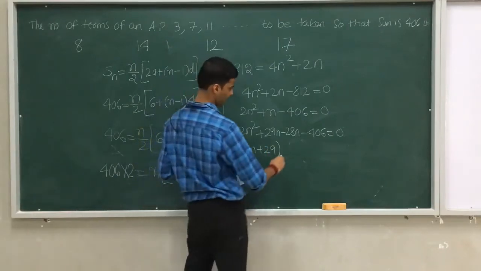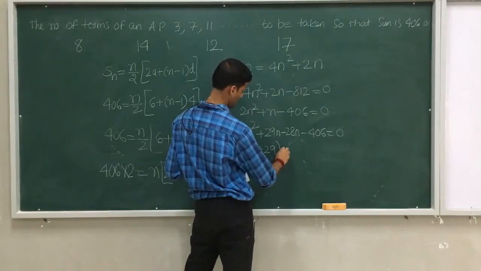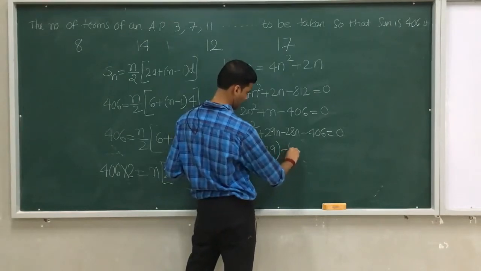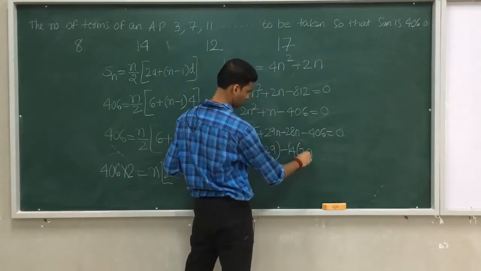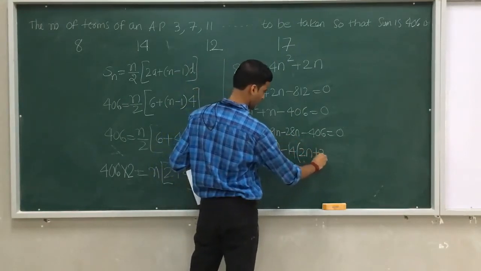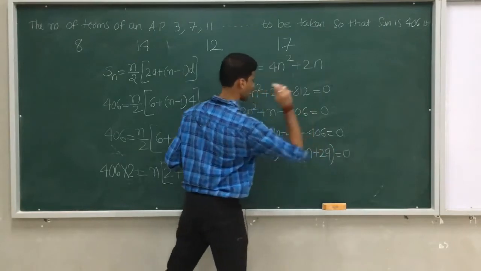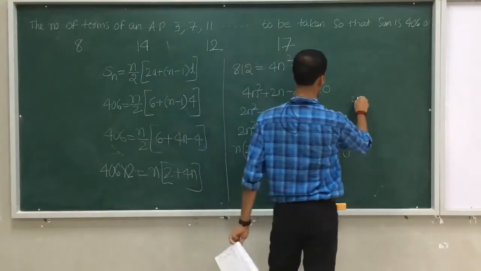Now in the same fashion, if you take 14 common, minus 14 common in both, you are left with 2n, because 14 2s are 28, plus 29. You can check: 14 2s are 28, and 14 29s give 406.